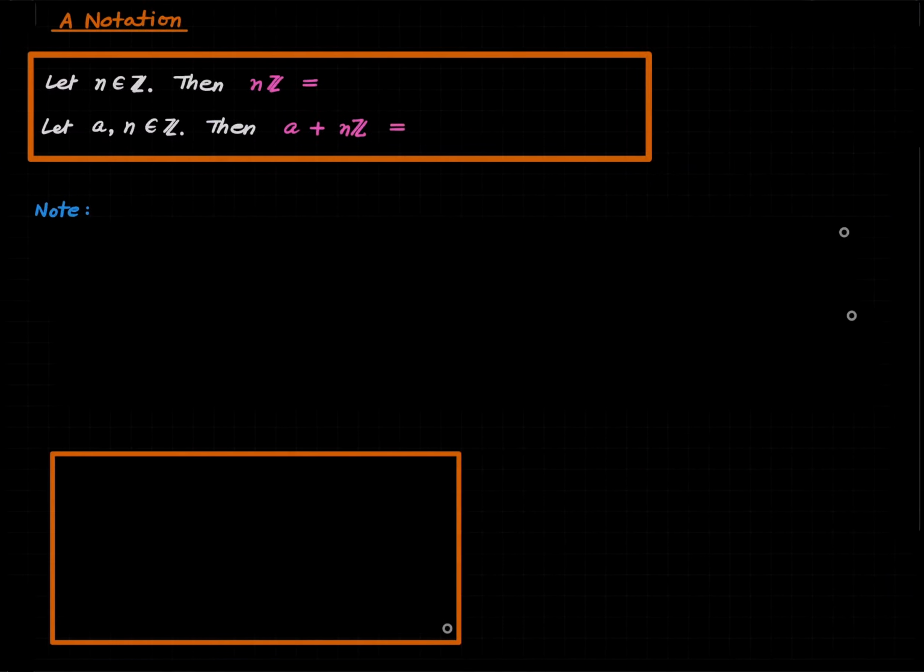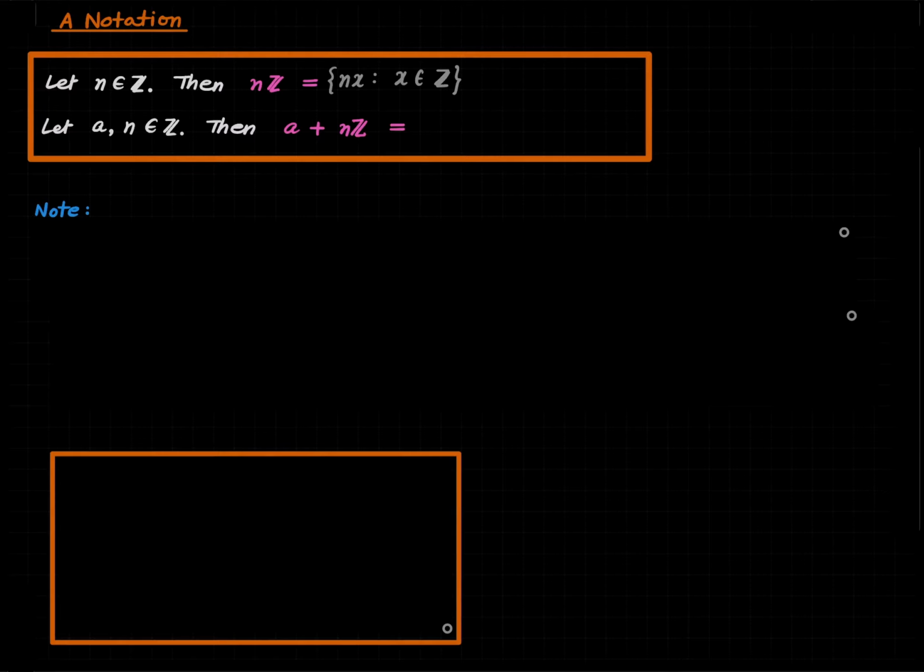So this notation will facilitate the expression of the set of all the equivalence classes. What notation? For any integer n, we will write nZ to mean n times x, where x is an integer. So all multiples of n, which is same as saying all the things which are divisible by n.